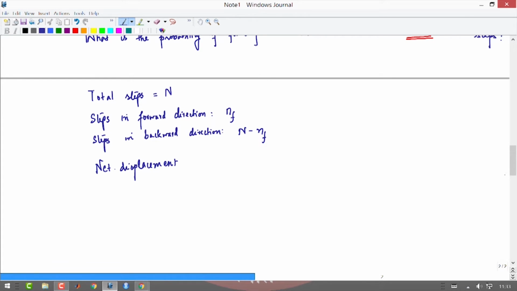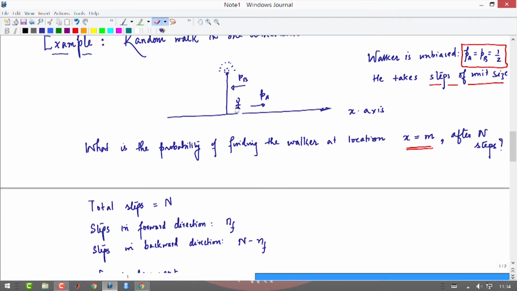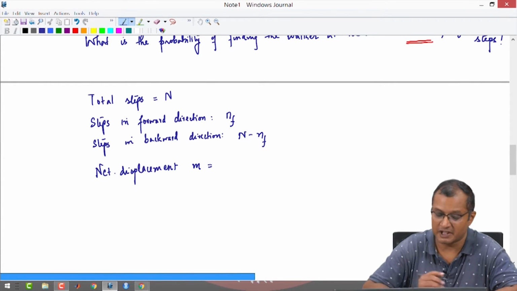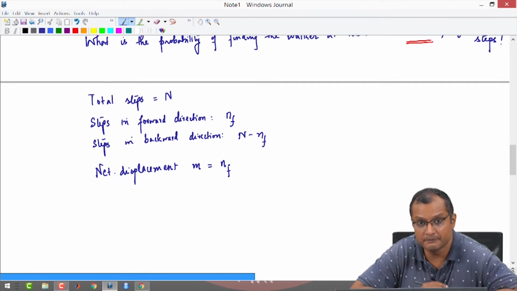Okay. So, as I said, the walker starts from the lamp post. So, his initial position is the lamp post itself. Let us say the lamp post is at origin, and so the net displacement of this walker, which is our variable m, has to be the number of steps that the walker takes in the forward direction minus the number of steps that the walker has taken in the backward direction.